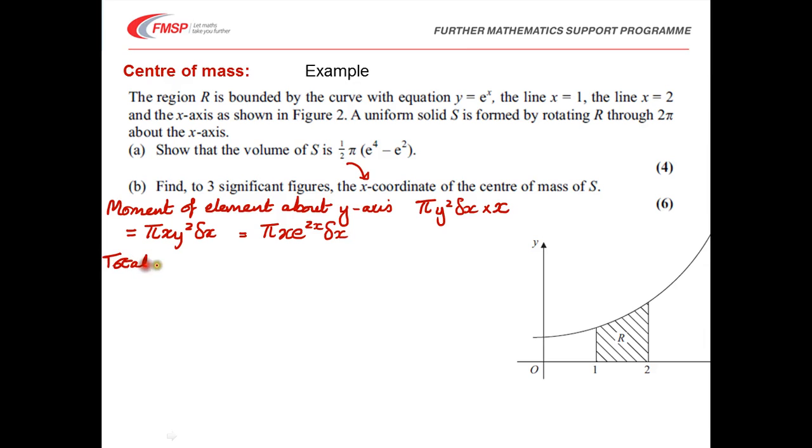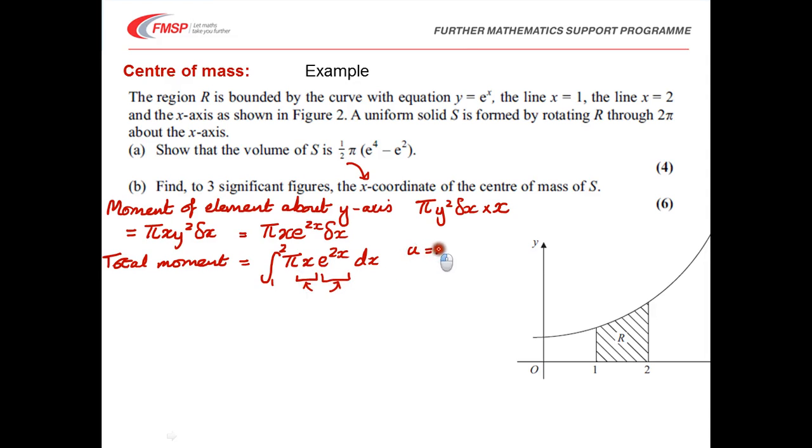Total moment is going to be that integrated, pi x e to the 2x with respect to x between 1 and 2. This is going to need integration by parts. We have a product of two functions, one of which is simplified when it's differentiated, and one of which doesn't get any worse when you integrate it.